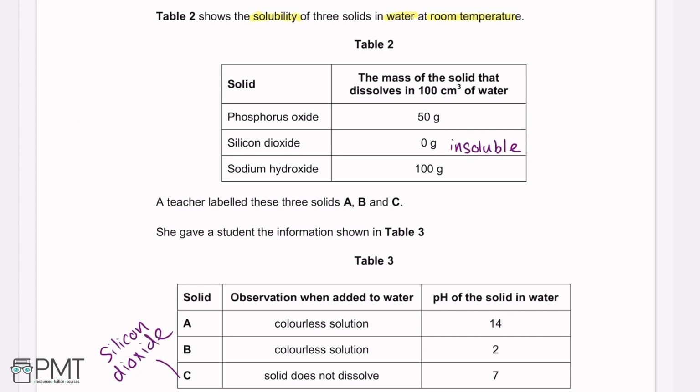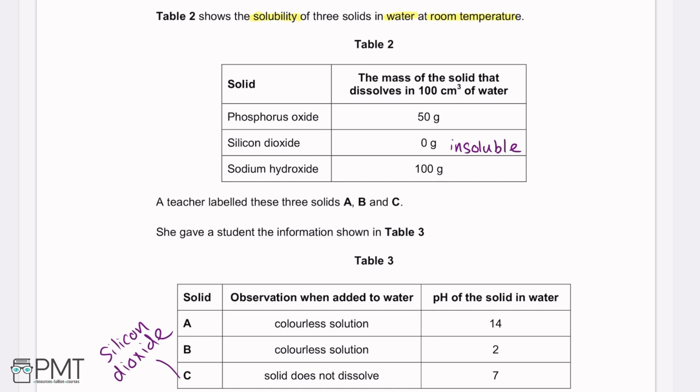Now, the other bit of information we're given in Table 3 is the pH of the solid in water. For A, it's 14. For B, it's 2. And for C, it's 7. So C is going to be neutral, but we don't need to worry about that because we've already established that C is silicon dioxide.